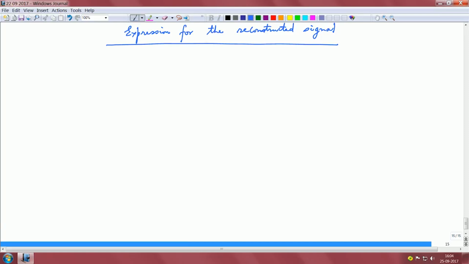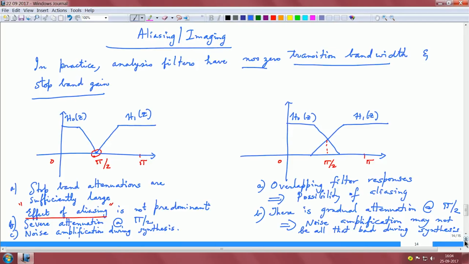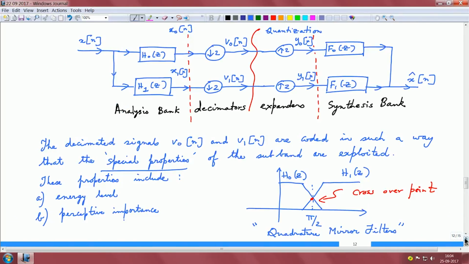You had x of n going through H naught of z and H1 of z. You had these downsamplers, then you had these upsamplers, and then you had the synthesis filters, and we have all the intermediate variables that we defined here. So, now we will write down equations for all of these intermediate variables, and then we will get towards the expression for the reconstructed signal.